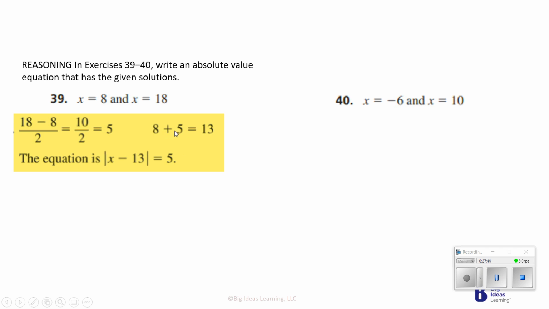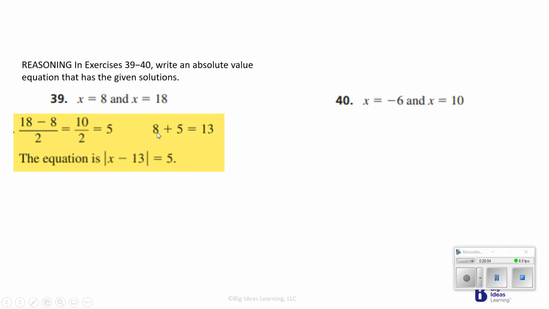I can also say that 8 plus 5 equals 13. Remember, this is where we got 18. We minus 8 from it, and we divide it by 2, because we're finding the average, and that gave us 5.